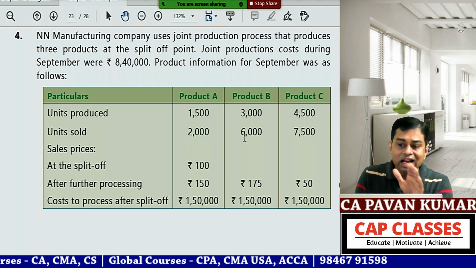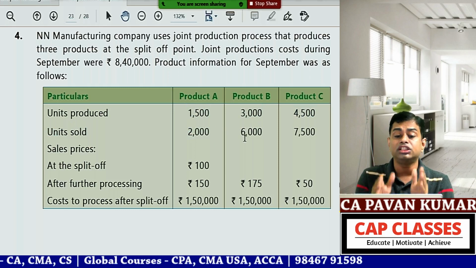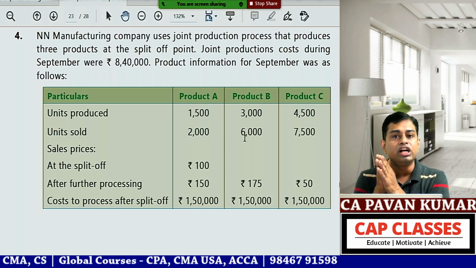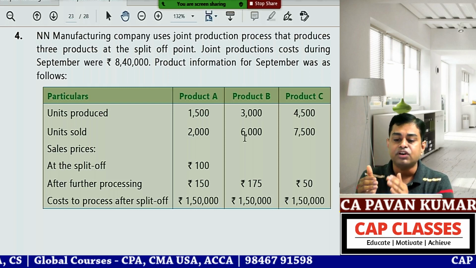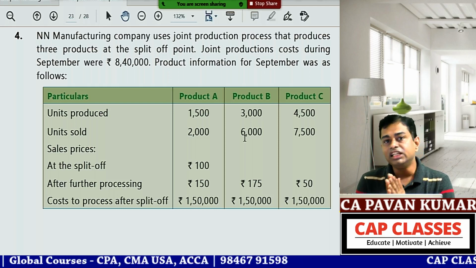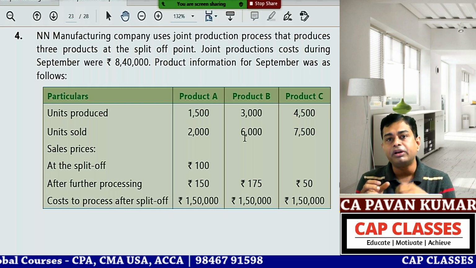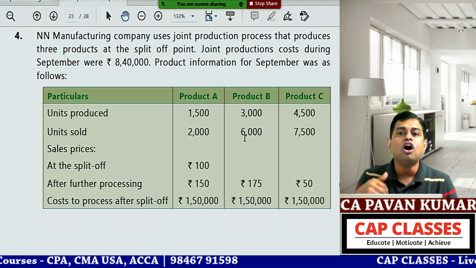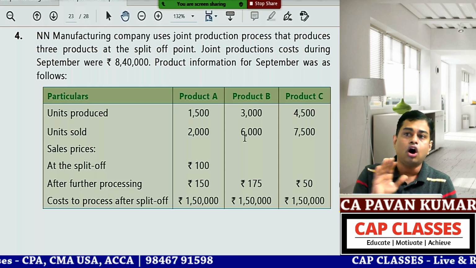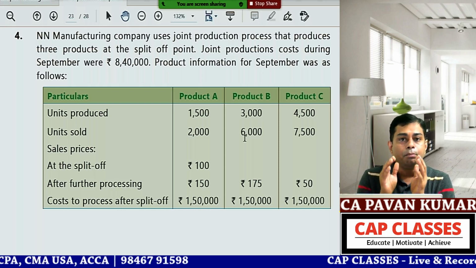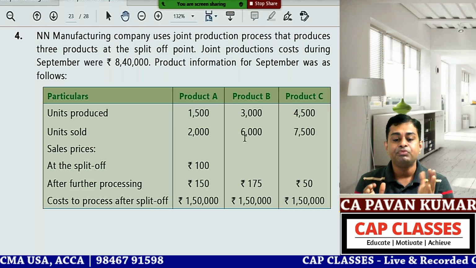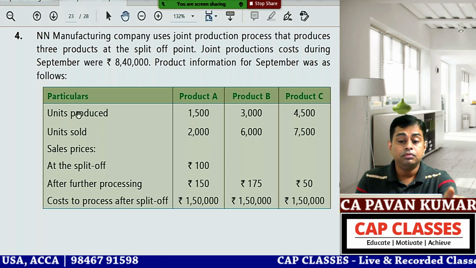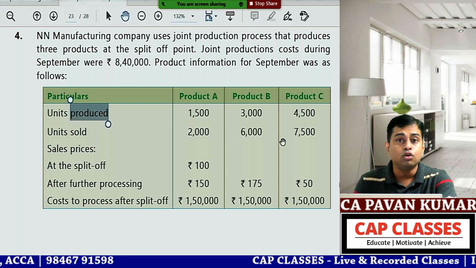So we'll not consider opening stock or closing stock. Whatever units are produced in the current period is the basis for solving this problem. Many students struggle with what is opening stock and closing stock, but that is not relevant at all. All the calculations are based on production. Clear?